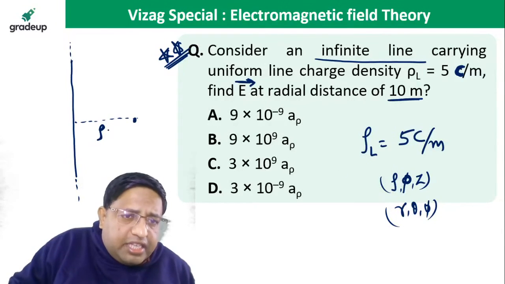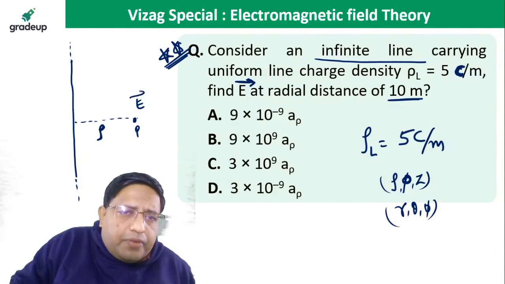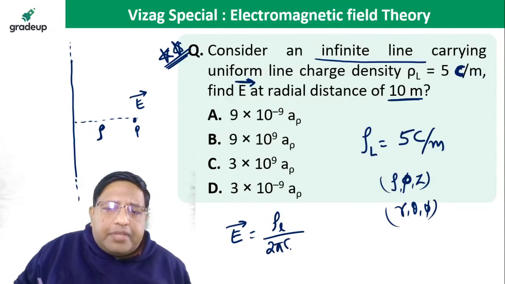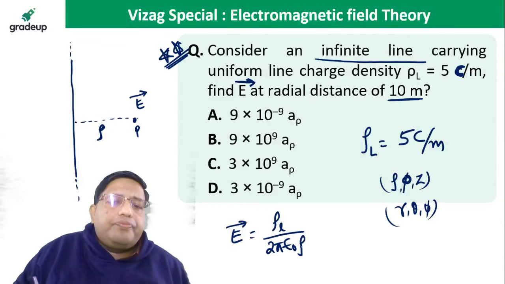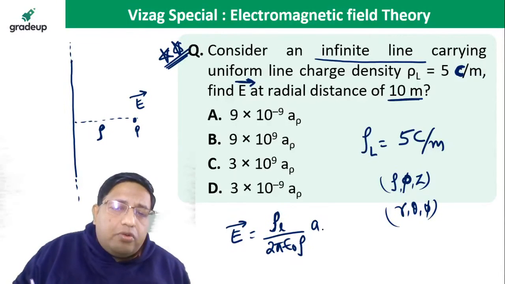If this distance is rho, at point P due to this long wire, the electric field E is equal to rho L upon 2 pi epsilon naught into rho, where rho L is the line charge density and rho is the distance.